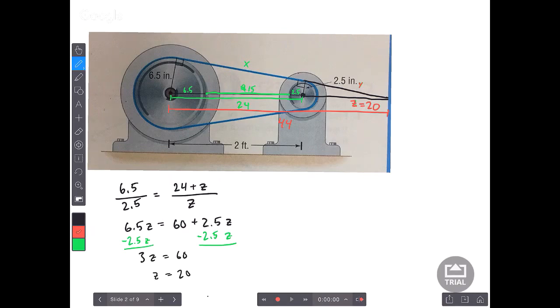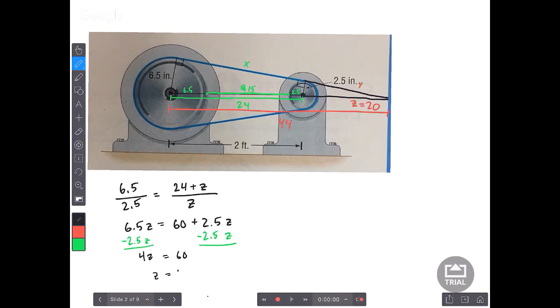Jasmine said 4. Did I miss something, Jasmine? 4z. 6 minus... thank you, thank you. Much appreciated, Michelle and Jasmine. 4z, that's a problem. So z should really equal 15, huh?